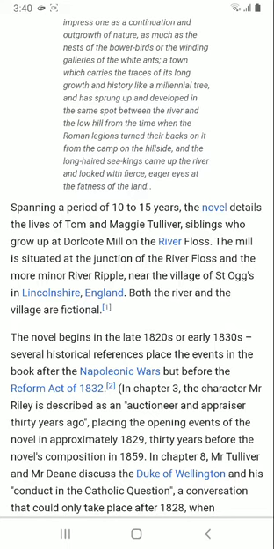The novel begins in the late 1820s. Again, I'll tell you, the story sits on the river Floss and the more minor river Ripple.